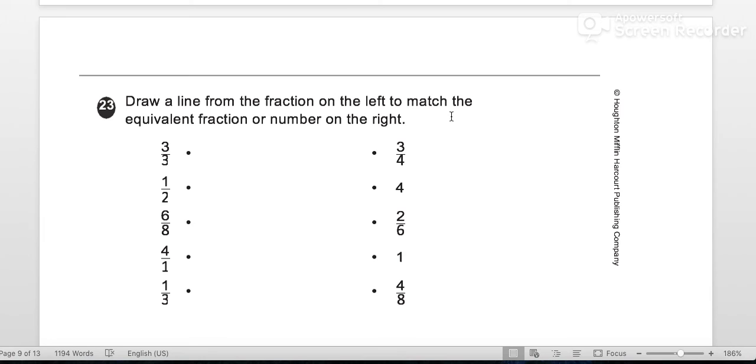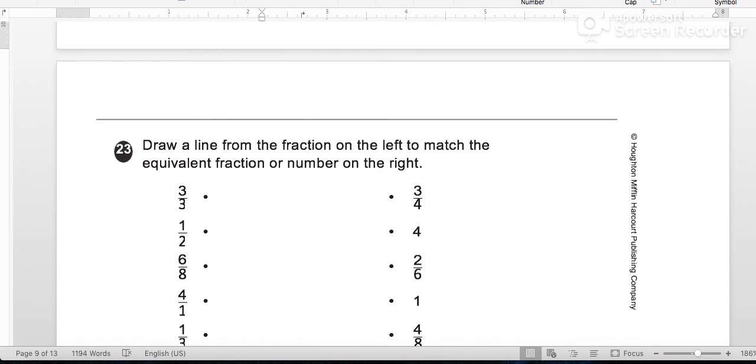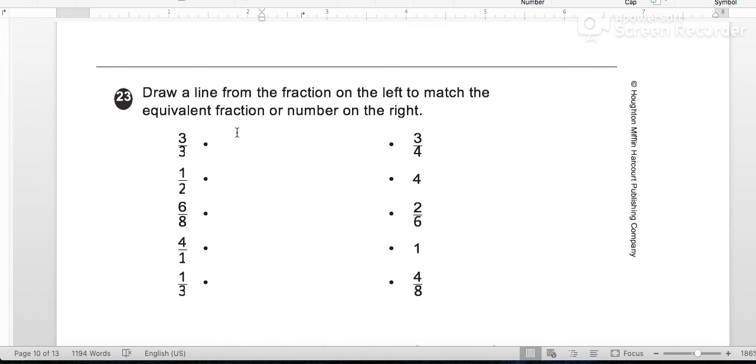I'm going to show you one example for this. Oh, it won't let me insert a line, so I'm just going to draw an imaginary line. You're going to draw a line from the fractions on the left to the same or equivalent fraction on the right.